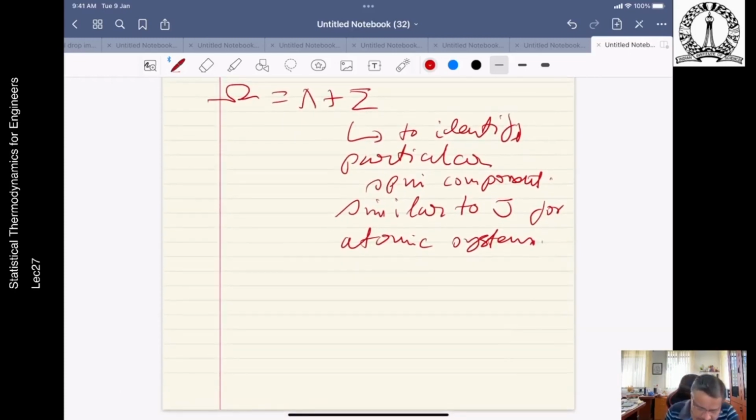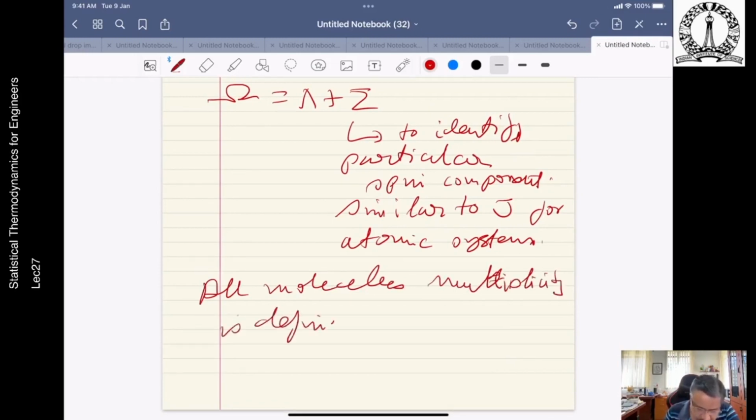For all molecules, multiplicity is defined by 2S plus 1.